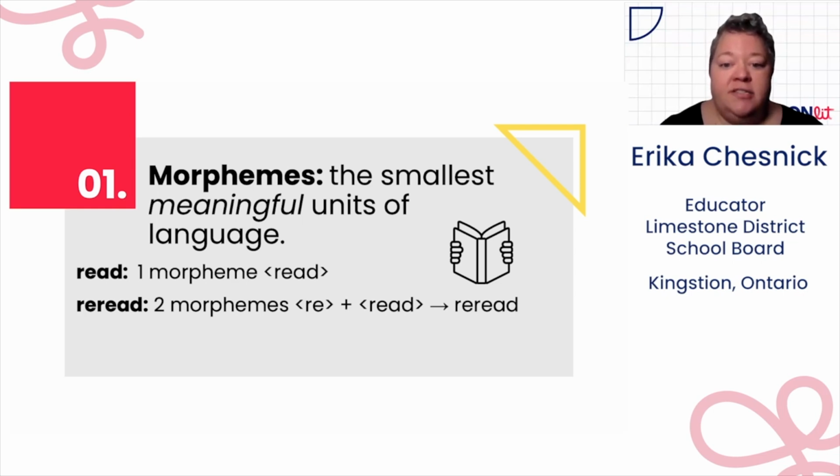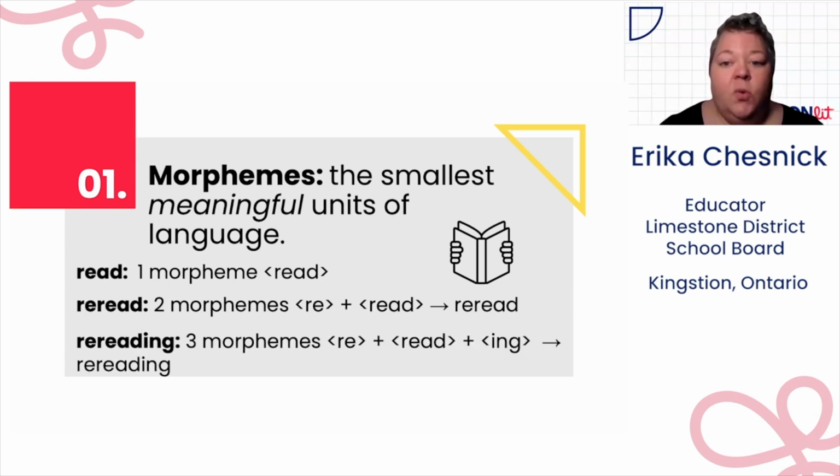Therefore, the word changes to mean read again. Finally, if we layer on another morpheme, in this case, the suffix ing, the word changes again to mean the present participle of the verb. The word rereading now has three morphemes, the prefix re, the base element read, and the suffix ing.